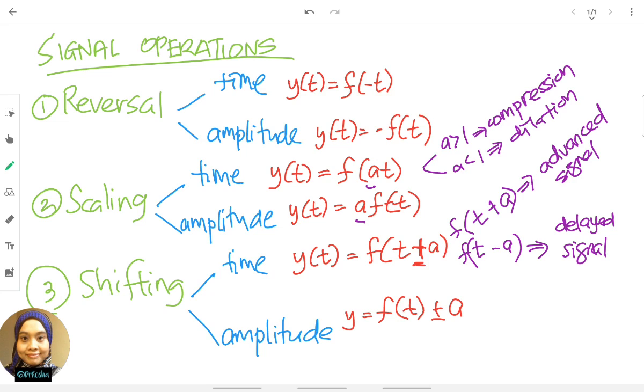For the amplitude shifting, with plus a the function goes upward, and with minus a it will go downward. The addition and multiplication operations can be done based on a combination of these three operations.